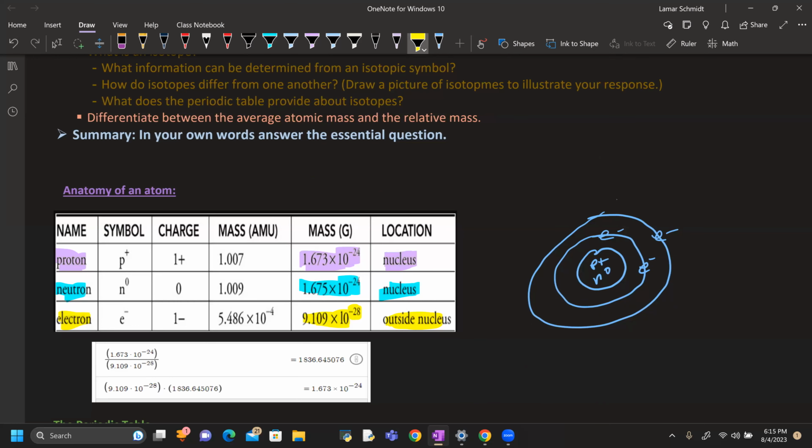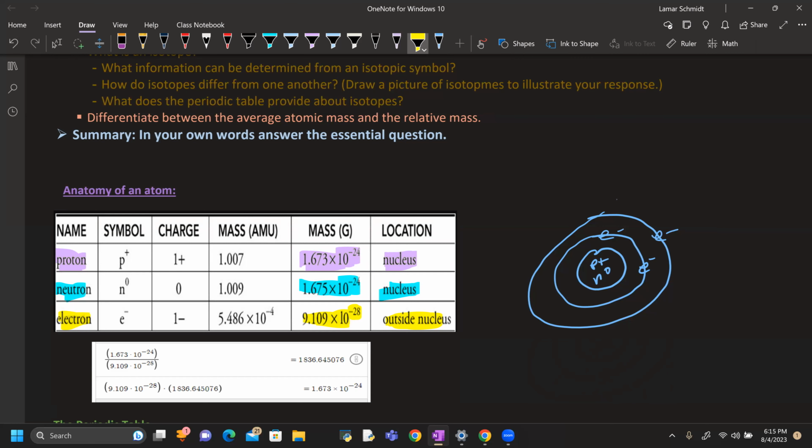So the electron has significantly less mass, its mass is much, much less. For that reason, the mass of the electron is not considered in determining the mass of an atom. We really only use protons and neutrons to determine the mass of an atom.